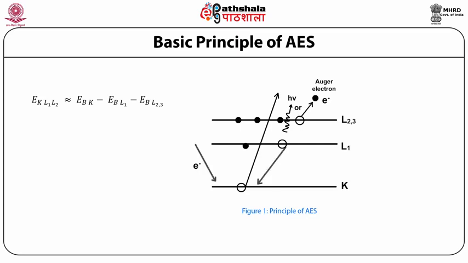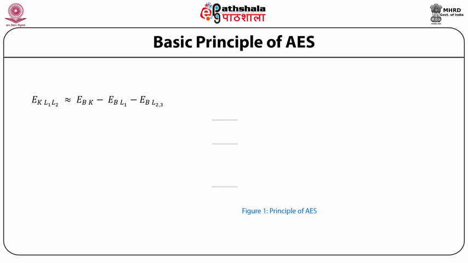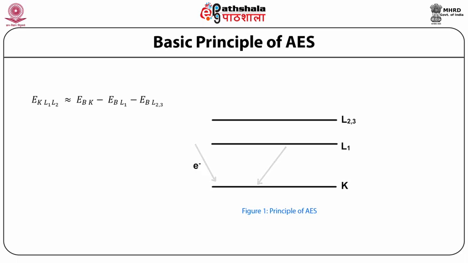Figure 1 illustrates the emission process of an Auger electron when a high energy electron strikes an atom, with energy of the incident particle high enough to knock out the inner shell, generally termed the K shell, electron of the atom, ionizing it and leaving the atom in an excited state.